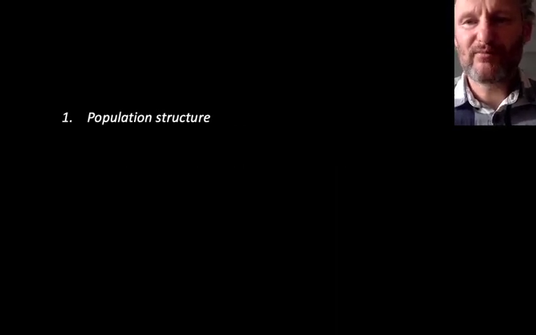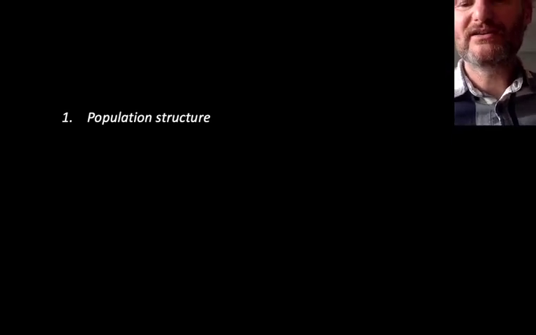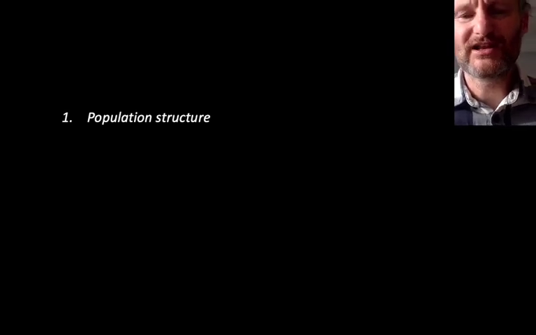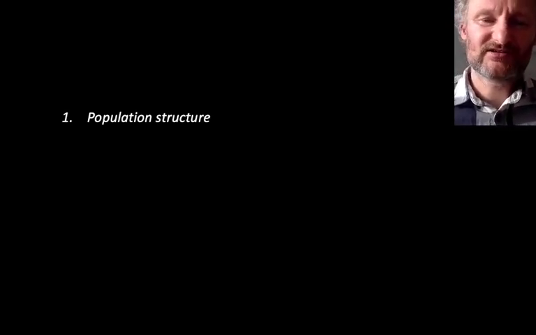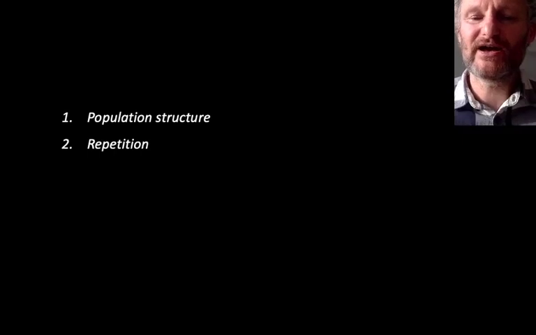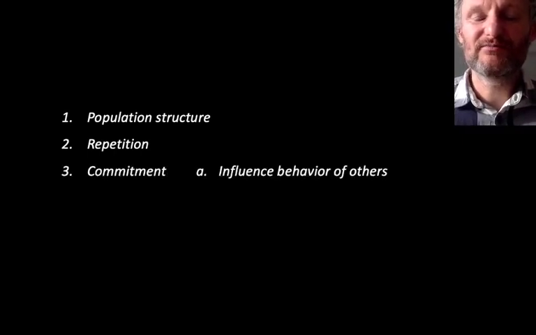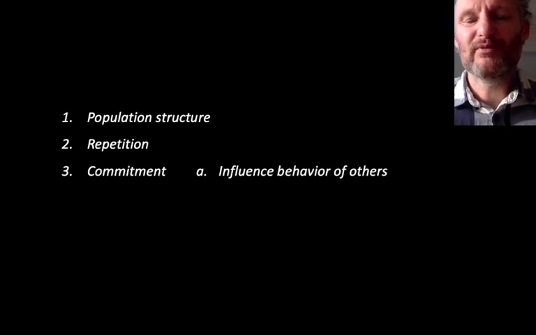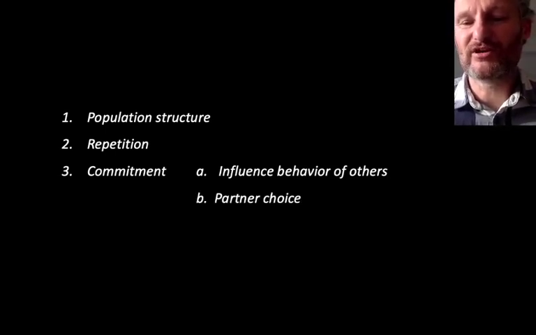So if we go back to the overview of mechanisms for the evolution of cooperation or altruism or morality, there is a large category population structure, there's a large category of repetition, and we're not saying that these don't matter, but we do say that commitment is also really important, and commitment can work because it influences the behavior of your existing partners, but it can also work because it makes you more attractive as a partner, so it makes you be chosen as a partner.